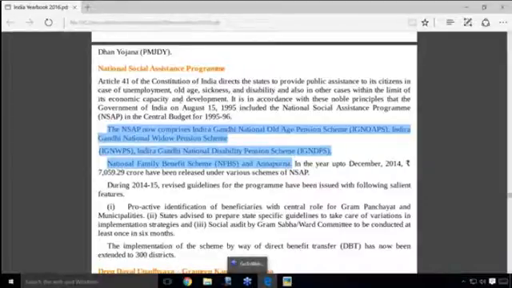No need to go into detail about these schemes because these were actually formed by the previous government. So you need not look into this in detail.